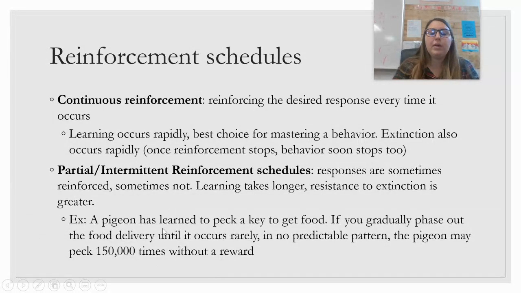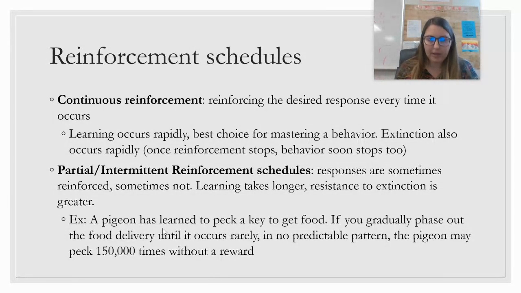Then we have what we call partial or intermittent reinforcement schedules. This is where responses are sometimes reinforced and sometimes not. With this reinforcement schedule, the learning is going to take longer, but the resistance to extinction is greater. So let's say a pigeon has learned to peck a key to get food.